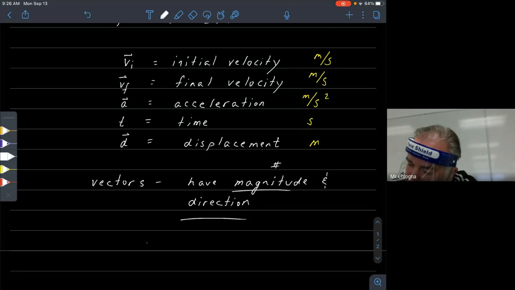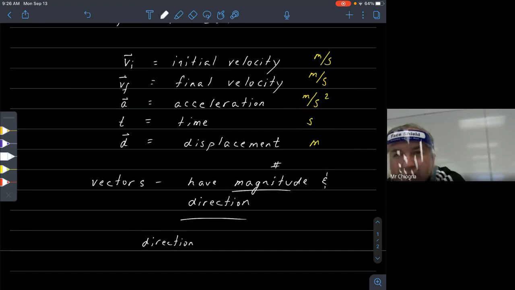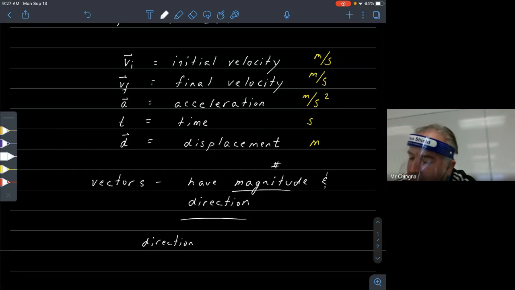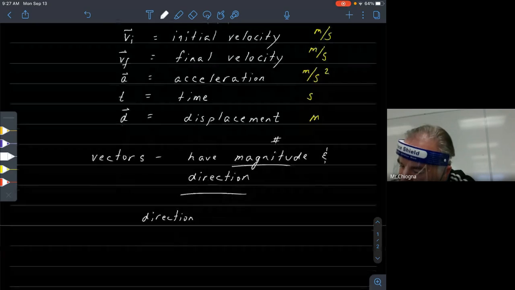So the direction, and we get a little more complicated later on as far as direction. We could talk about north, south as well, or even the angle that something moves at. But to keep it simple, we'll just deal with north, south, east, west to begin with.